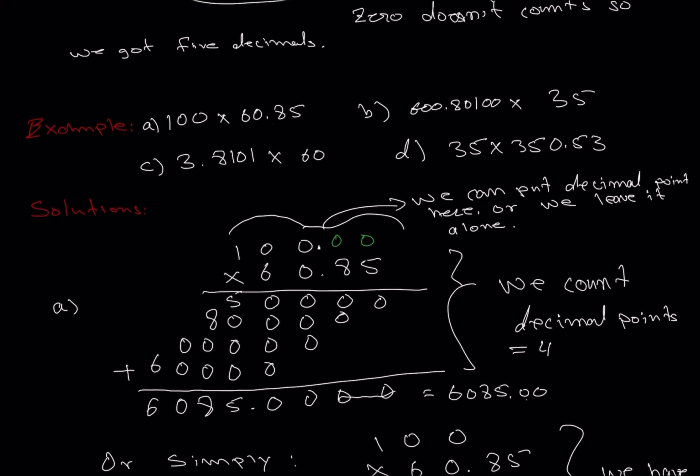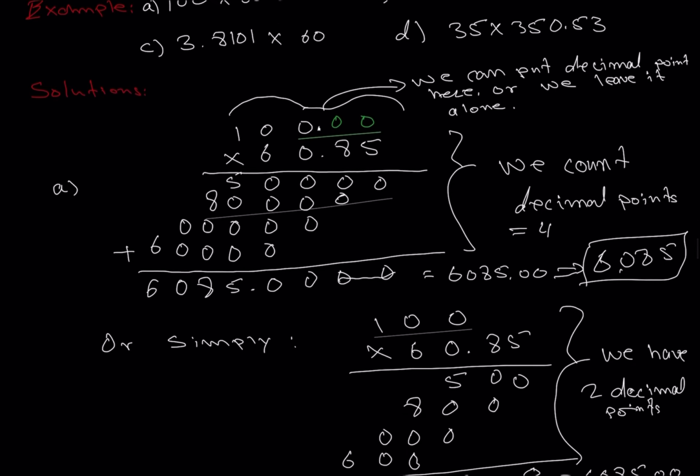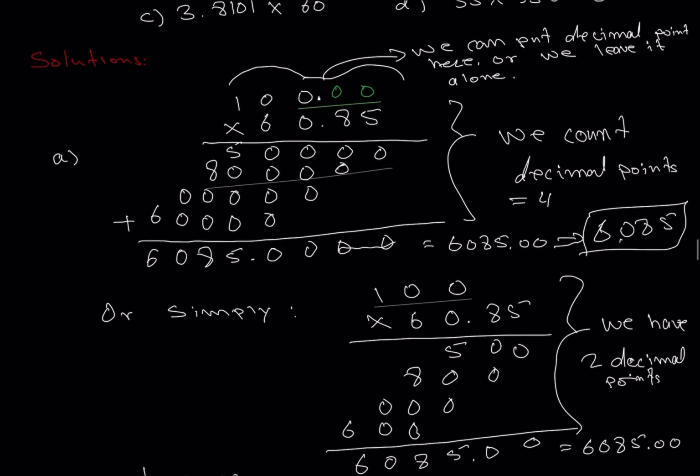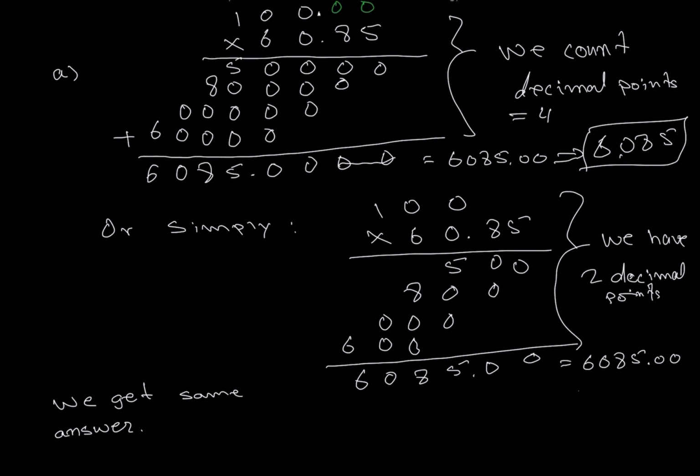Okay, now we have 6085.00. Since 0 doesn't count, it will be 6085, an even number. So just to simplify it, or you cannot even write down the zeros and solve it like that. It will still give you the same exact answer.